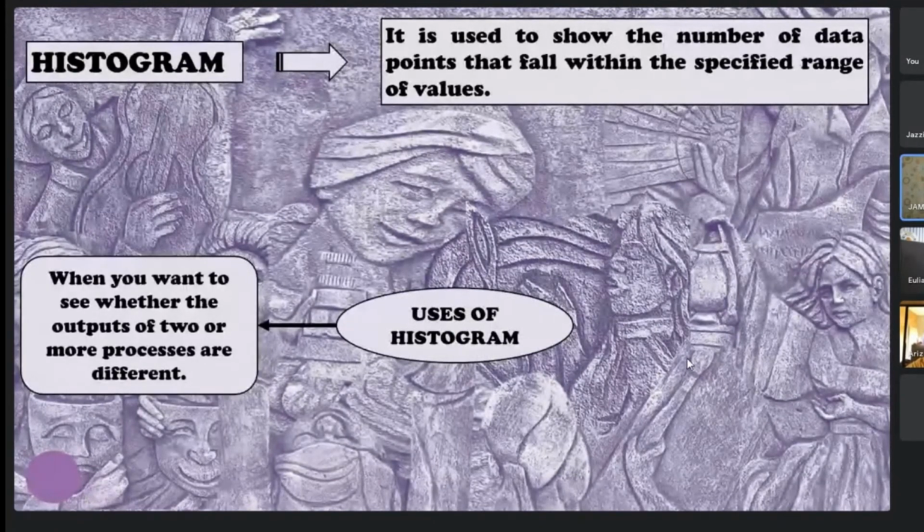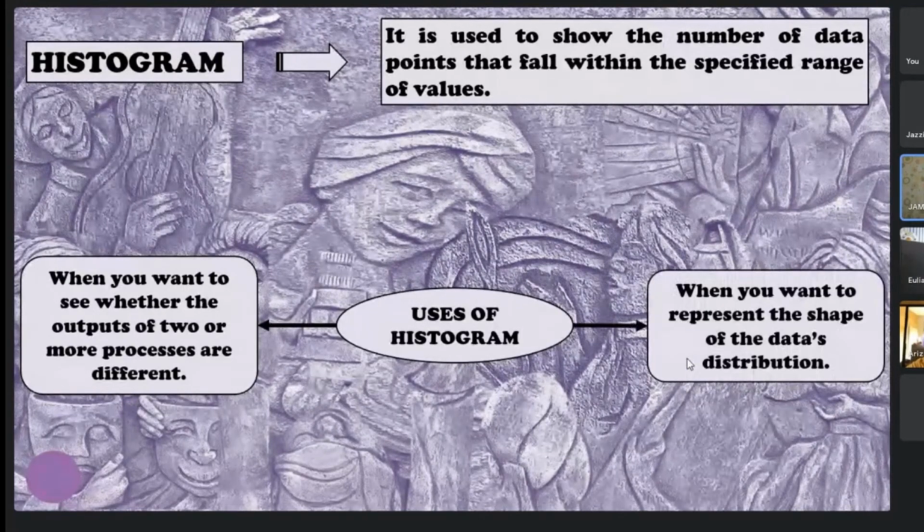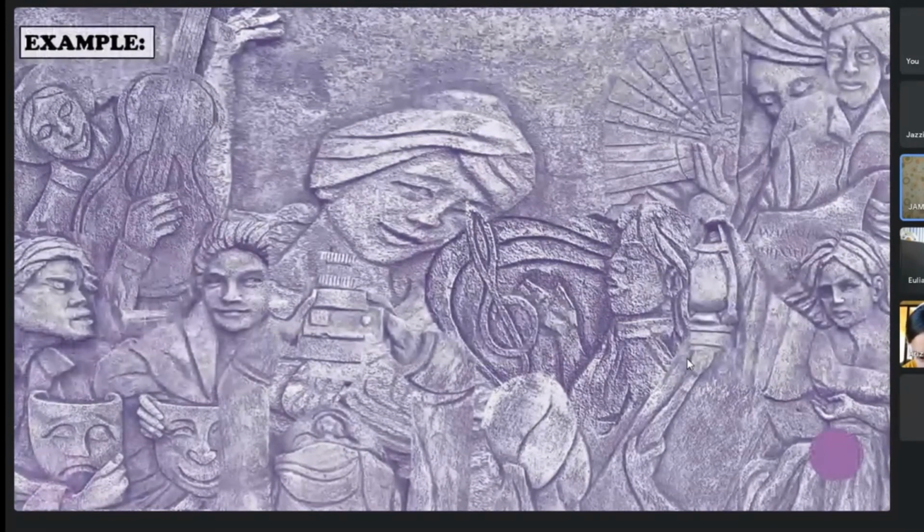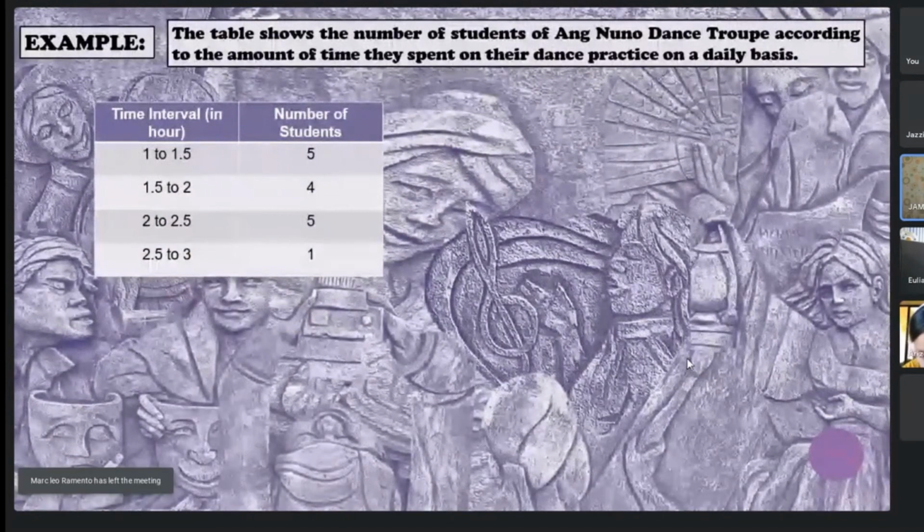We can also use histogram if you want to see whether the outputs of 2 or more processes are different, as well as if we want to represent the shape of the data's distribution. Keyword for the histogram is the range, or with specified range of values.